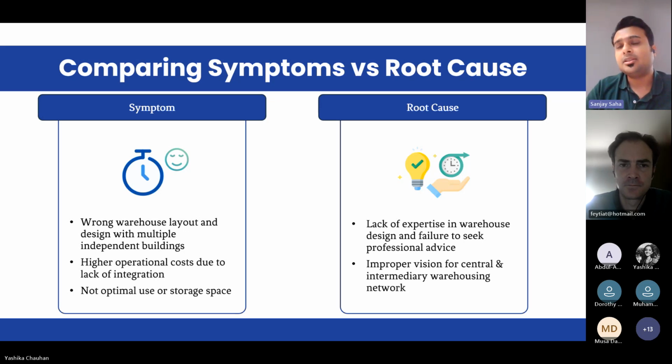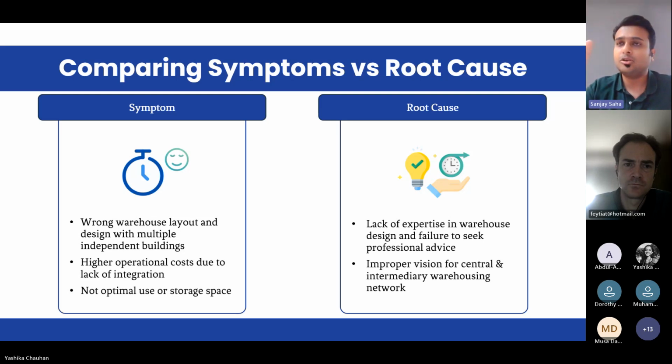But if you say that looking at the picture, I see that there will be high operational costs, because you're talking from experience that when you see poor warehousing or a storage layout, you come to a conclusion that this will affect the costs.